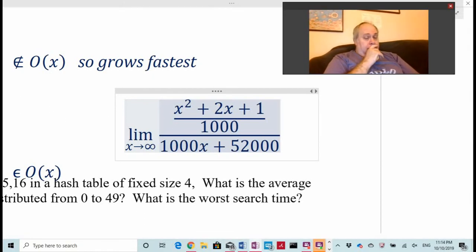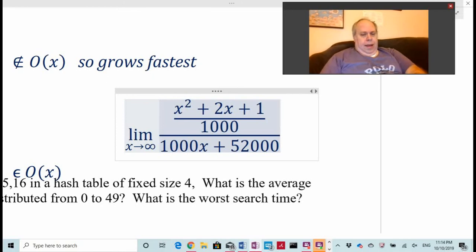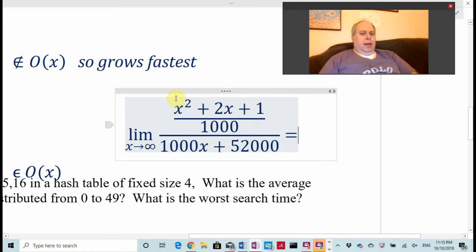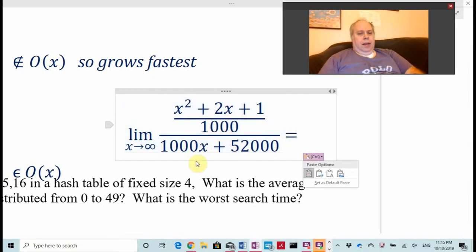Okay, so this is going to resolve. We can do a little algebra on this if we want. The 1,000 is going to multiply into the denominator.